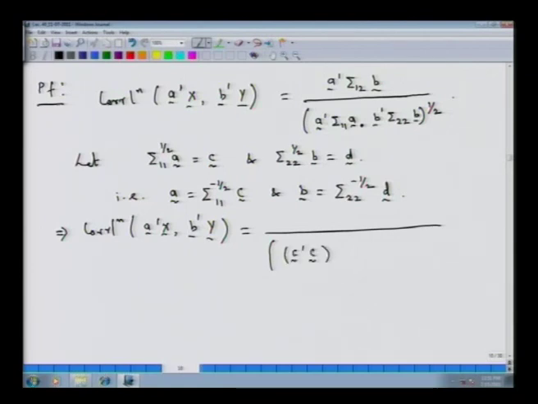This is what this boils down to, and the second term is nothing but D prime D, whole raised to the power half.